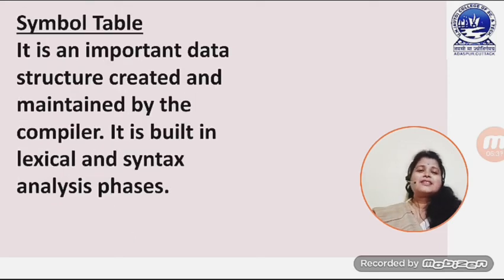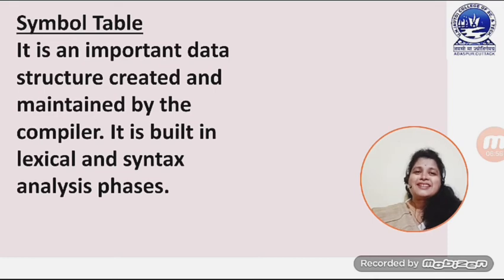Now we will discuss one of the important concepts associated with all the compilation phases, that is the symbol table. When the compiler performs different activities in the different phases, it needs some memory. It needs a specific data structure to contain all the information regarding the particular program, and the symbol table is used for that.